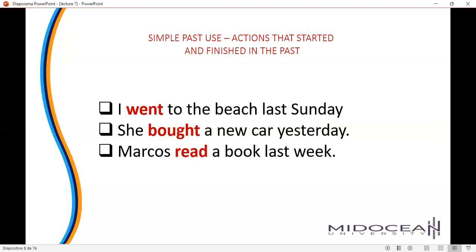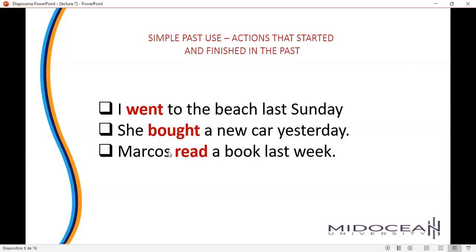The action here finished last Sunday. Example number 2: she bought a new car yesterday. Simple past verb bought. The infinitive is the verb to buy, so it's an irregular verb. The action started and finished in the past. The time expression that indicates the simple past is yesterday.